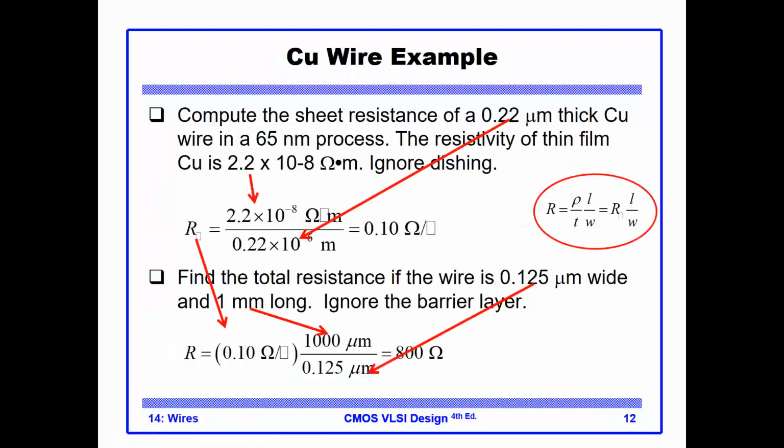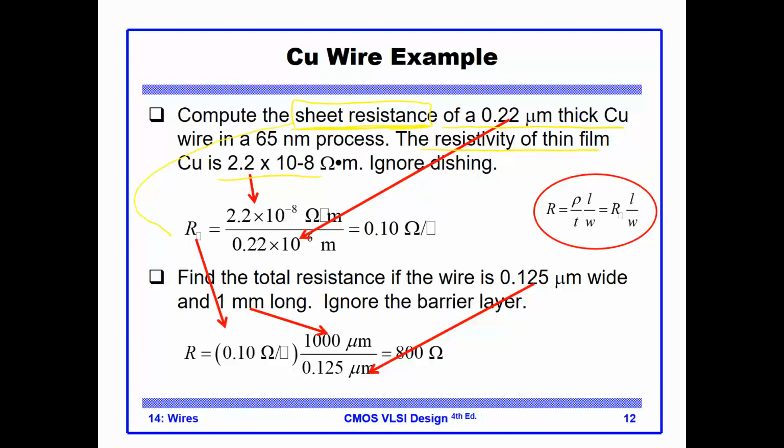Okay, so here is an example where we are computing the sheet resistance for 0.22 micrometer thick copper wire in a 65 nanometer process, and the resistivity for copper is 2.2 times 10 to the minus 8 ohm meter. Now what we need is to compute the sheet resistance.